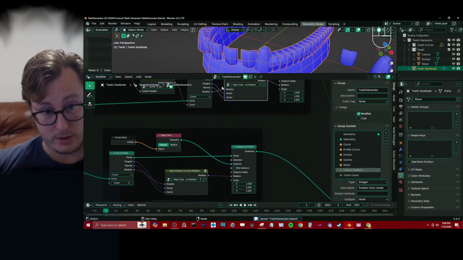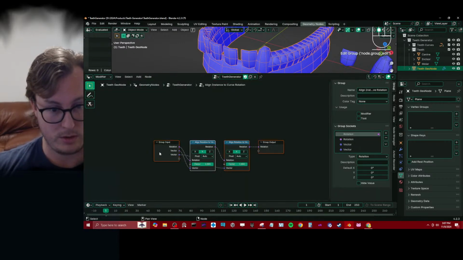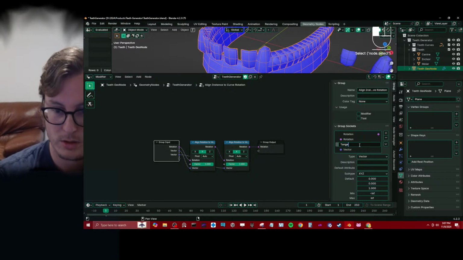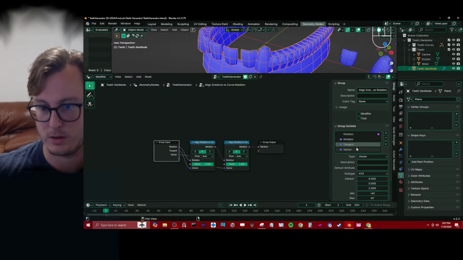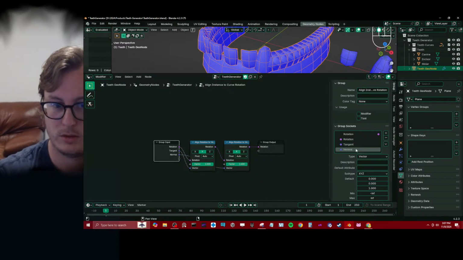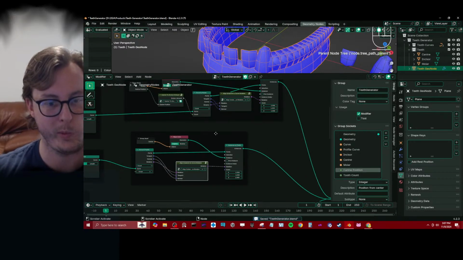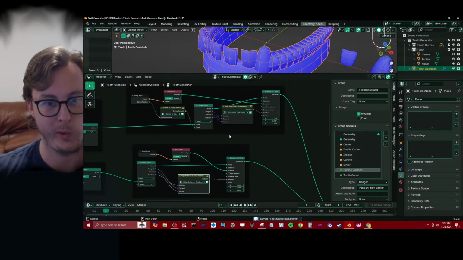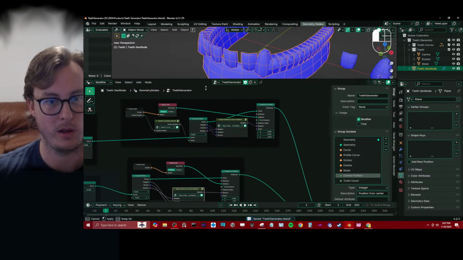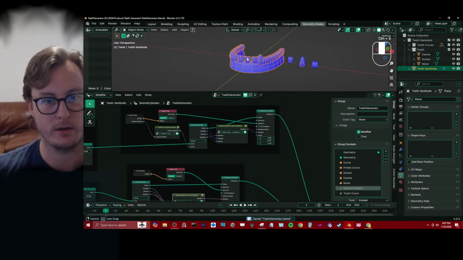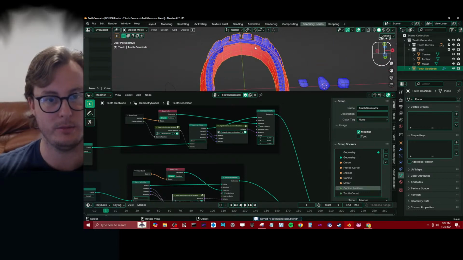So rotation, tangent normal. Okay. I think that's a little bit better.